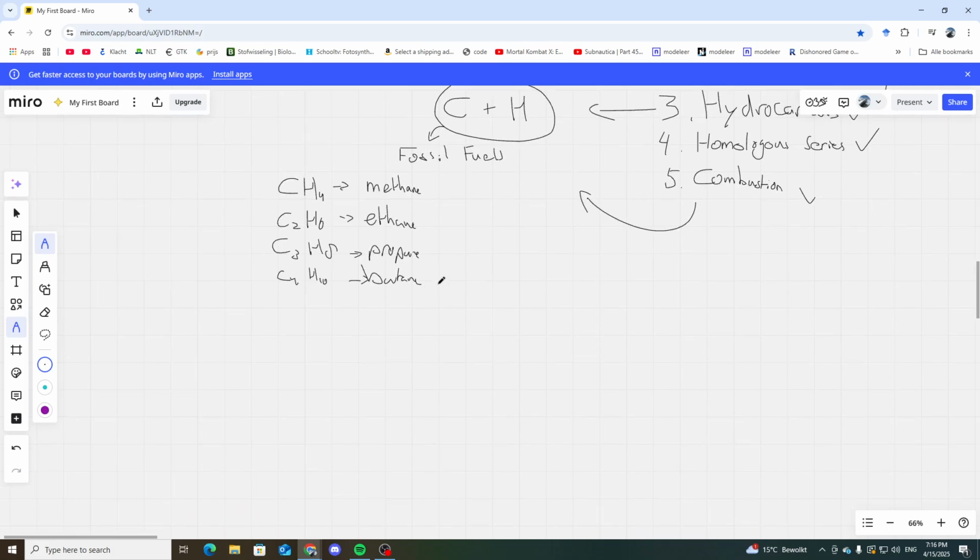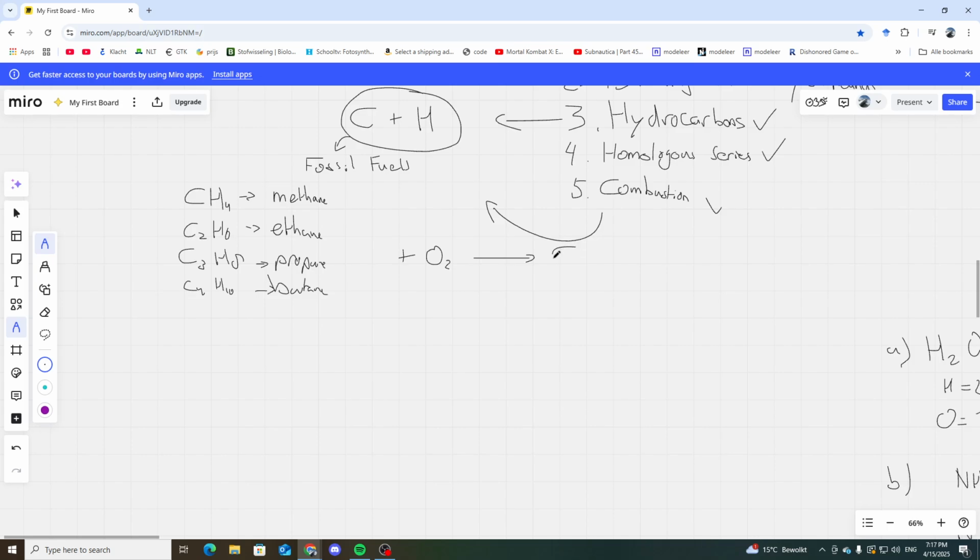So what does the combustion mean? Combustion simply means that we react one of our fossil fuels with oxygen and it turns it into carbon dioxide and water. This part, that is combustion, okay?